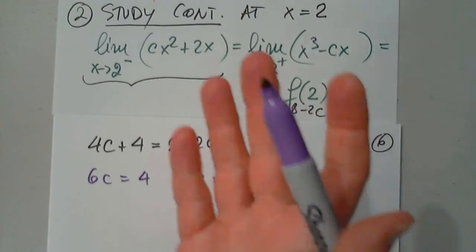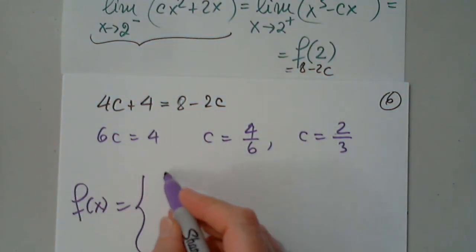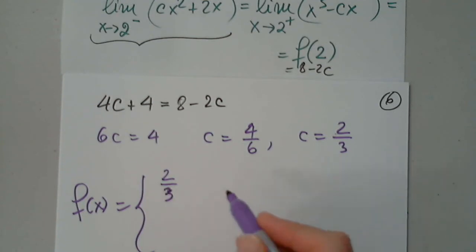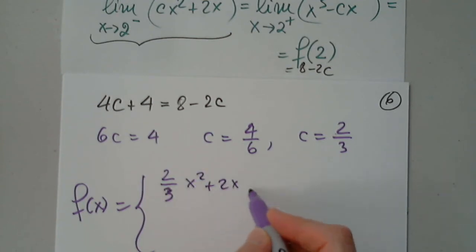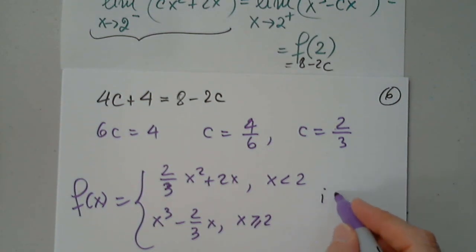All I have to do now is put it back in the function. So if the function has 2/3 x squared plus 2x, and x cubed minus 2/3 x, what can you say about this function? Is or is not continuous everywhere?